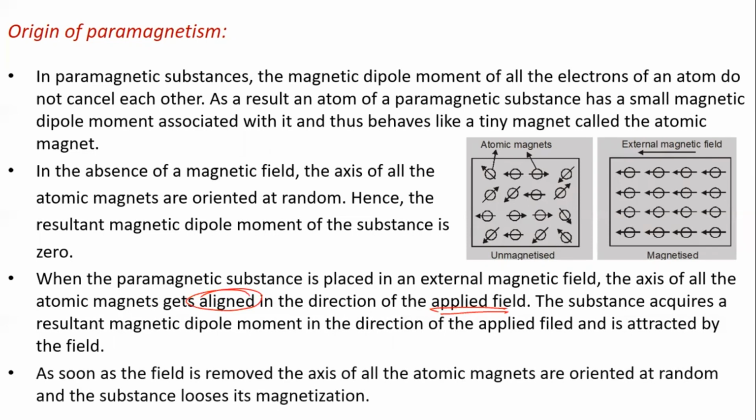As soon as the field is removed, the axes of all the atomic magnets are oriented randomly again. You can see in the picture: initially they are randomly arranged, then in an external magnetic field they align in the direction of the magnetic field. Again, as we remove the field, they come back to the original position. Then the next article is Curie's law.